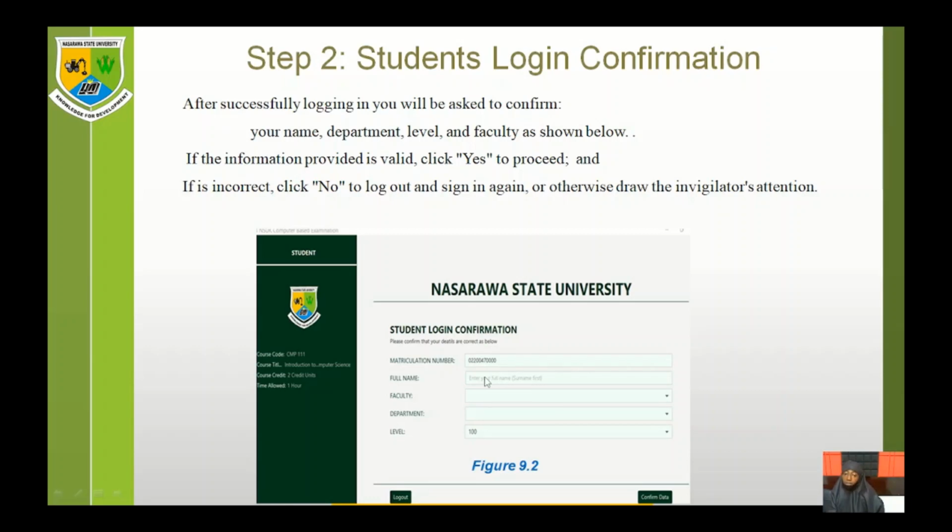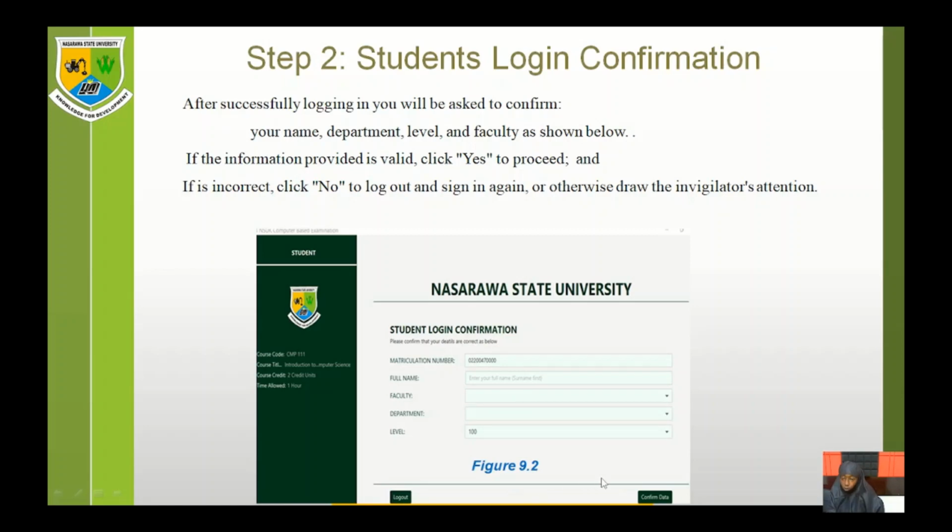Yes, you can even see your name, Musa Isa, but the faculty is not the same thing. Please make sure you check all these things very well to confirm that you are taking the right examination. Then if it's incorrect, click no to log out and sign in again, or otherwise draw the attention of the invigilator. Or if the information provided is valid, you can click yes and proceed.